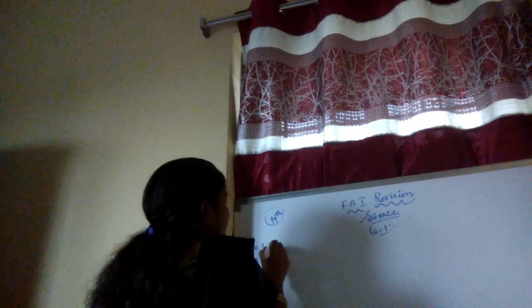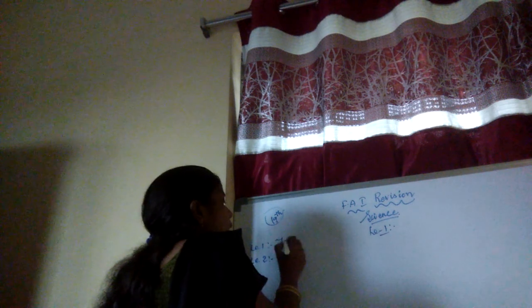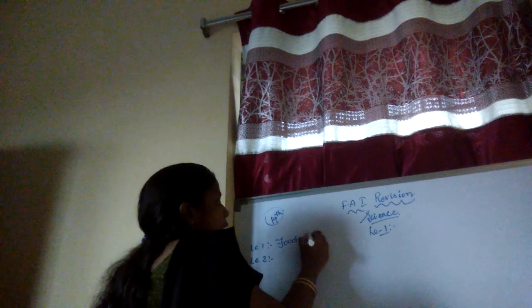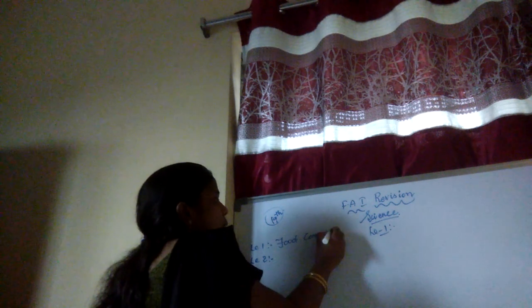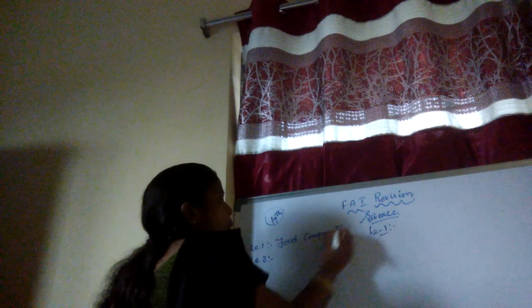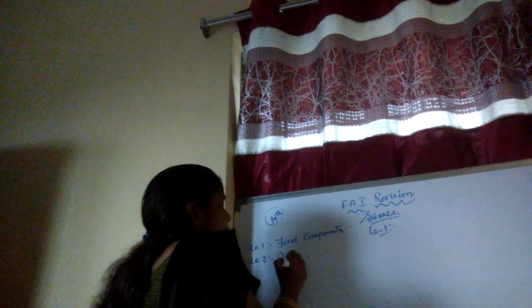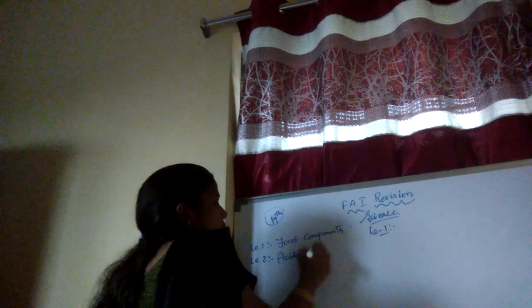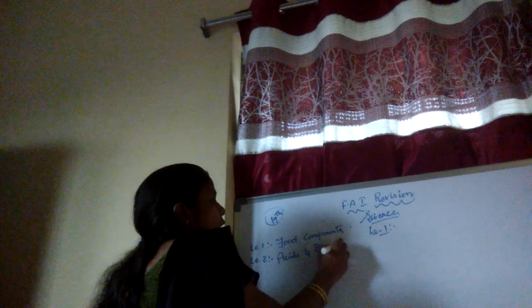The portion for the FA1 exam is lesson number 1 and lesson number 2. What is lesson number 1? Food components. Lesson number 1 is food components, and the second lesson is acids and bases.